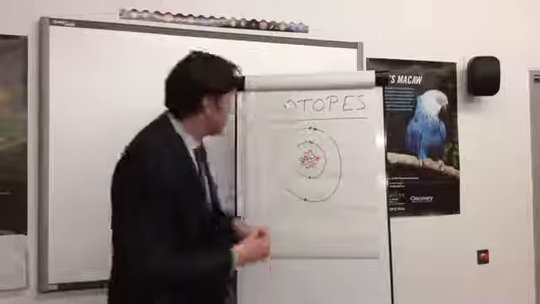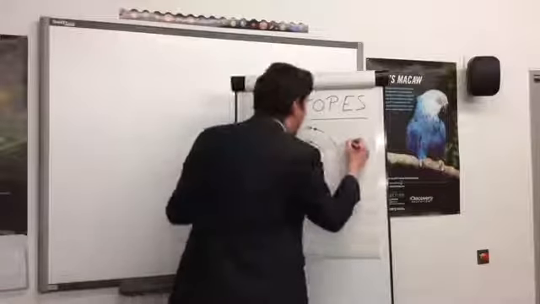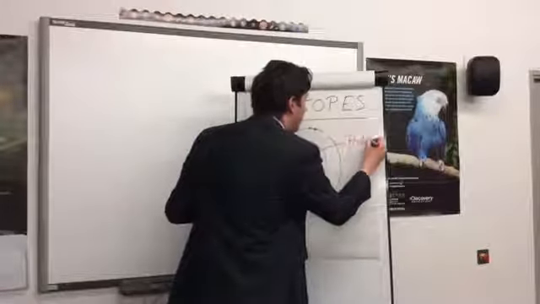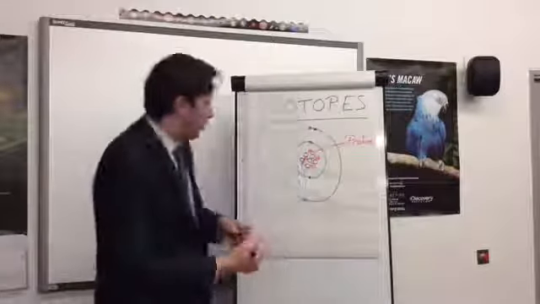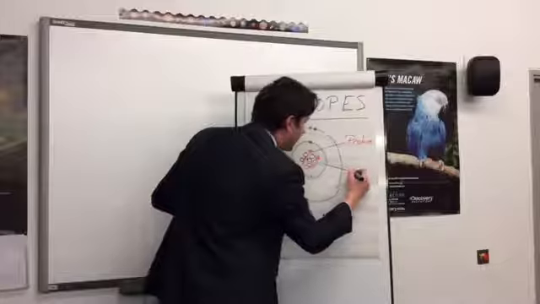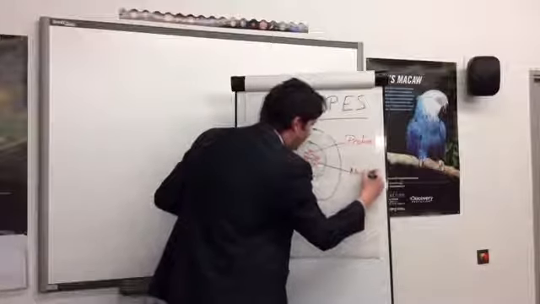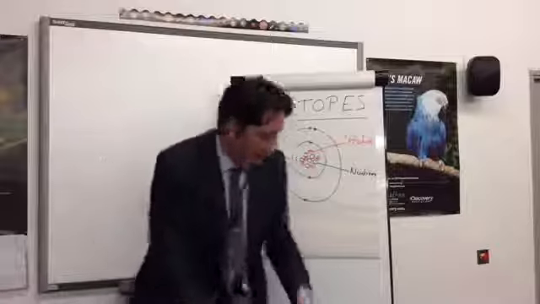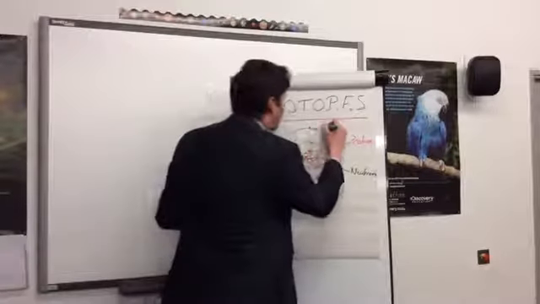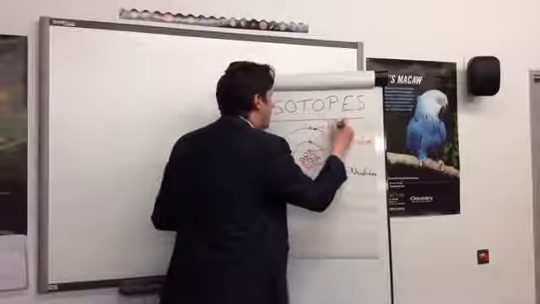The positive particles we should recognise as protons. The neutral particles in the nucleus are called neutrons, and the negative particles whizzing around the outside are the electrons.